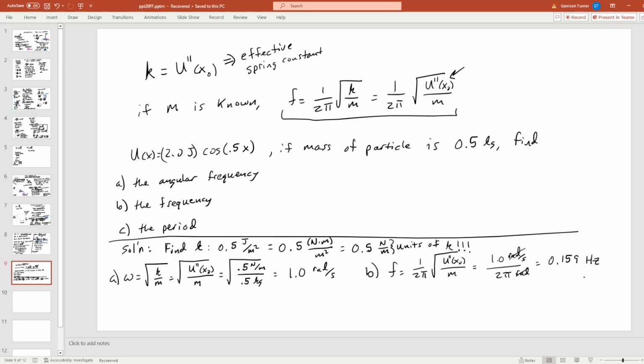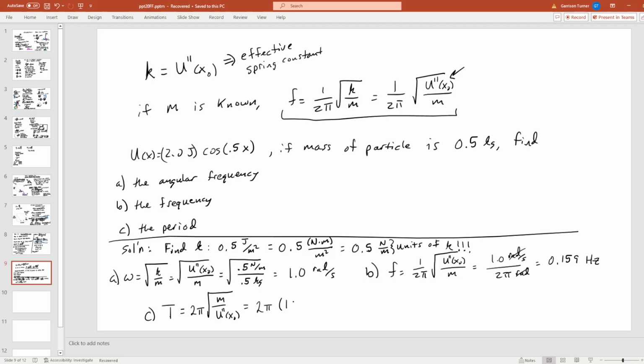Okay, and then C, the period, okay, so this is going to be 2 pi times the square root of m over k. And if k over m is 1, then m over k is 1. So this is going to be 1.